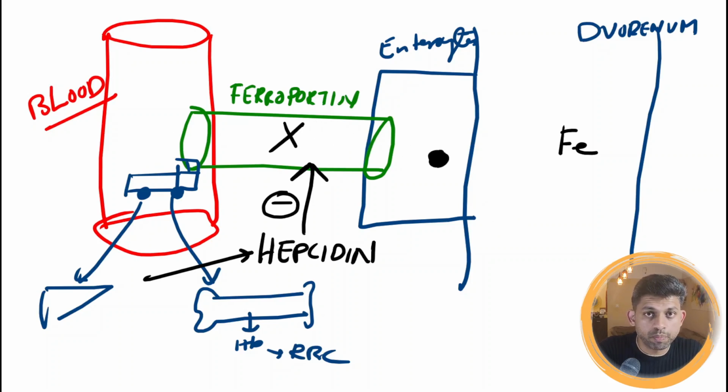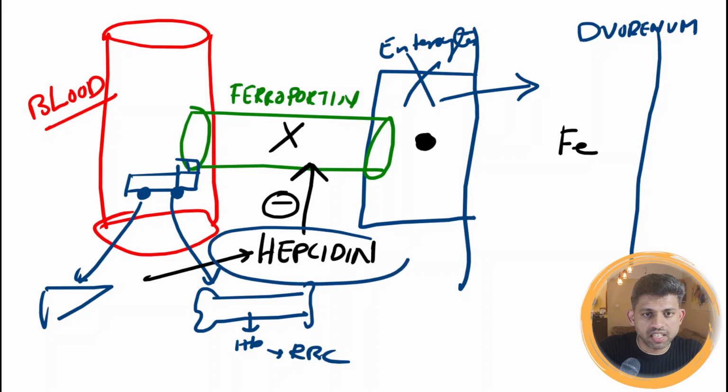And when ferroportin is destroyed, the dietary iron remains within the enterocyte, and when the enterocyte dies, it falls into the duodenum. This is how iron is regulated in the body. So, hepcidin is considered as the master regulator of iron. We'll talk more about hepcidin in anemia of chronic inflammation.